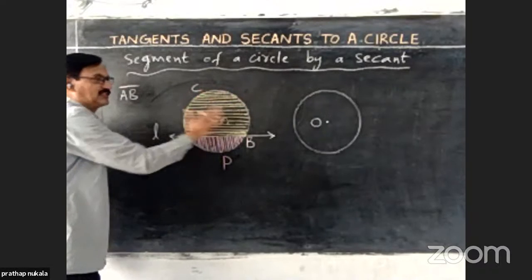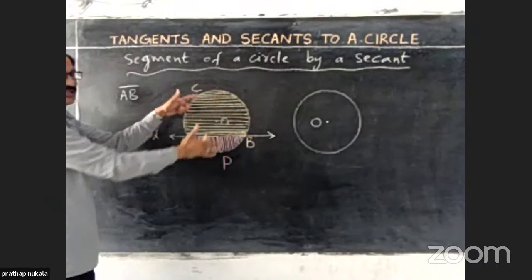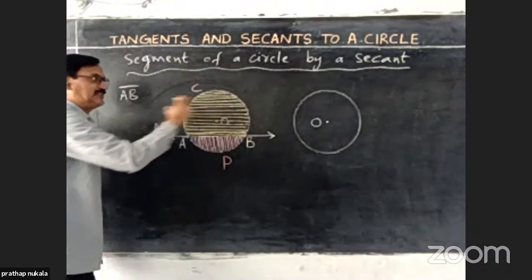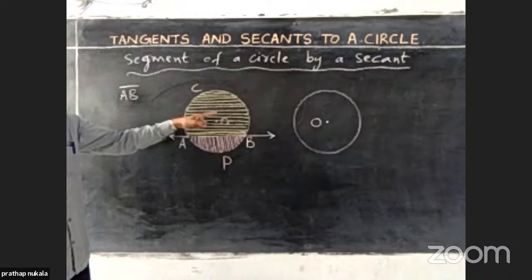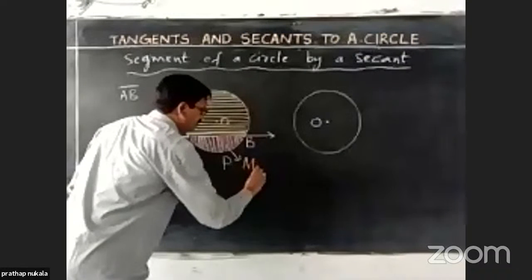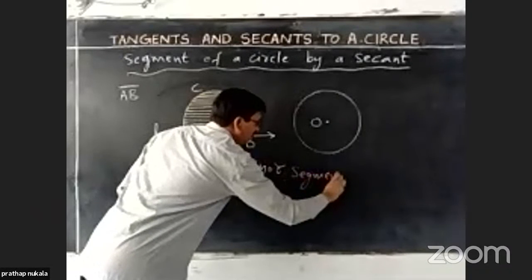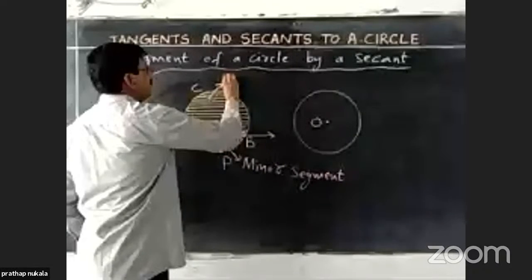This is the larger part of the circle. Whenever a line divides the circle into two parts, this upper part or upper region is known as the major segment of the circle. Is it clear? This is known as the minor segment of the circle. This is known as the major segment.